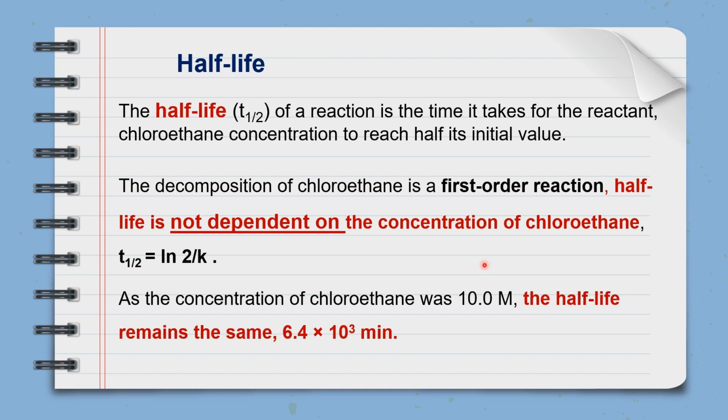As the concentration of the chloroethane was changed to 10.0 molar, the half-life remained the same. So it is equal to 6.4 times 10 to the power of 3.